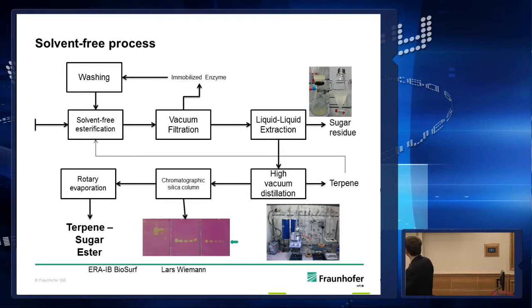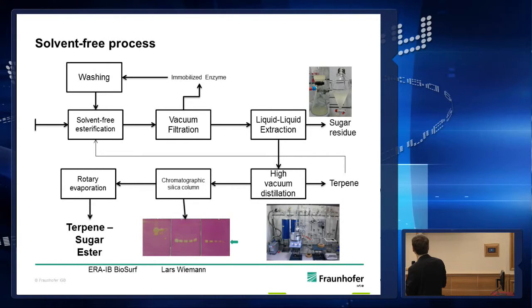In a solvent-free esterification, you add basically the sugars or derivatives thereof with the terpenoids. You can react them with a lipase, that is an immobilized enzyme, that you can then filtrate off using vacuum filtration, and after washing, reuse. Liquid extraction gets you the product and the not reacted educts.